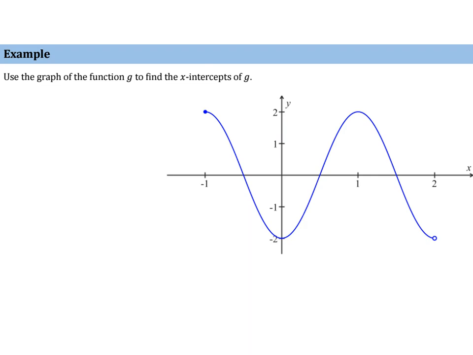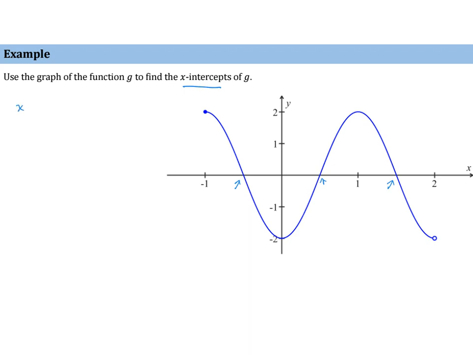Now, go ahead and find the x-intercepts. Where does this graph cross the x-axis? In these 3 places.